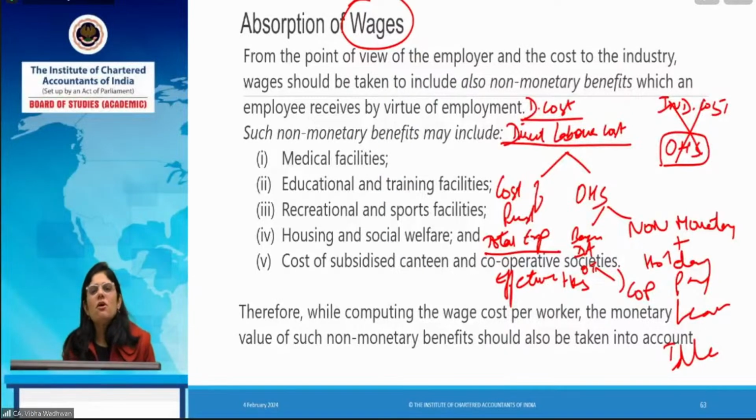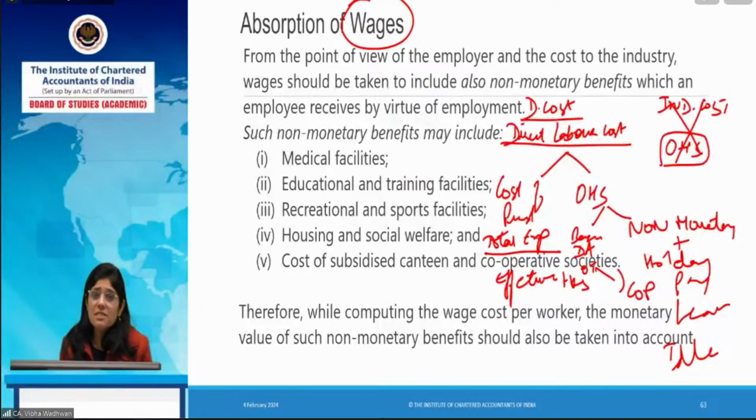The first alternative is the entire cost you are incurring on the direct workers should form part of cost of production. How? You have to calculate the rate per hour. So it should form part of the total cost, monetary, non-monetary, holiday, idle time, contribution, everything. Whatever is the total cost you are incurring divided by effective hours.